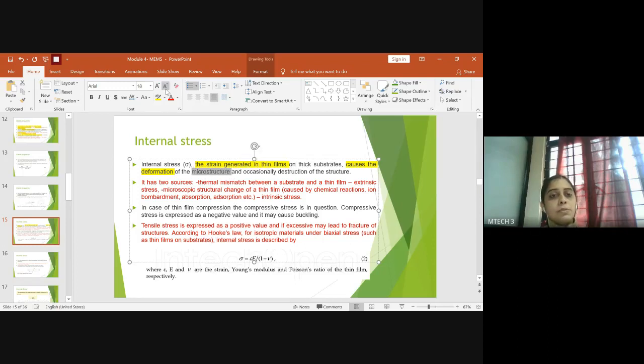You have to observe the microstructure of the given thin film to see any variation in the geometry. If there is any variation in the geometry, then you can say there is destruction of the original morphology due to the subjection of axial loading, and hence you can prove that there is a deformation which is caused by the generation of strain, which is indirectly related to the internal stress.